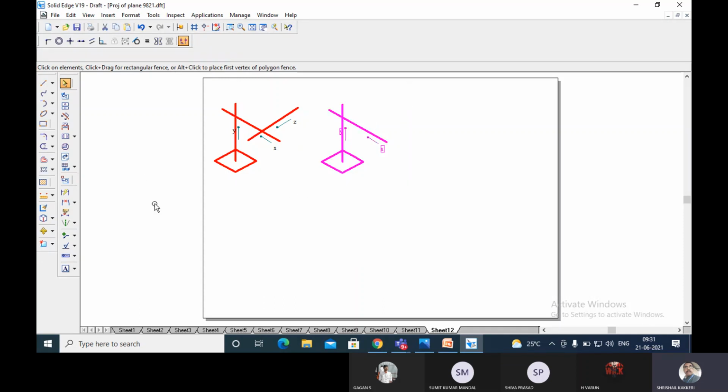How can you write the spherical or polar coordinate system? You can write like this. Look here.